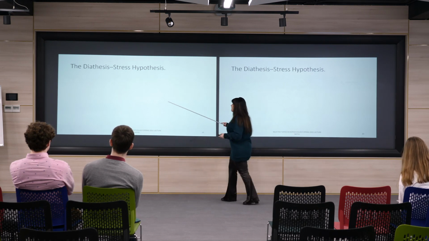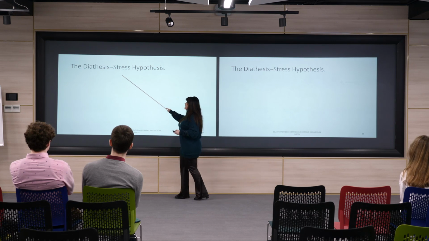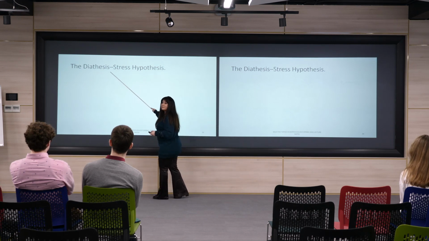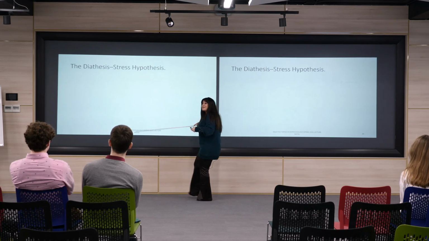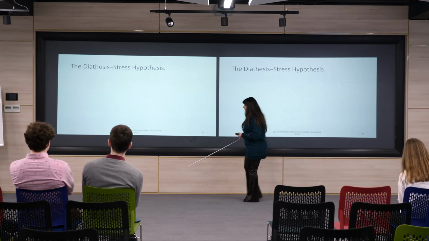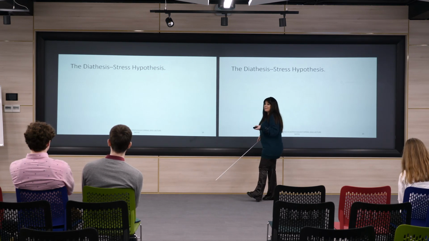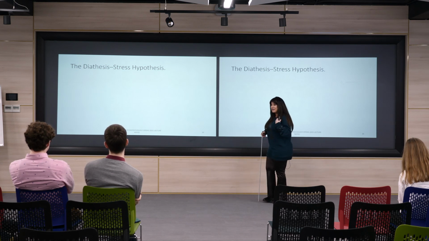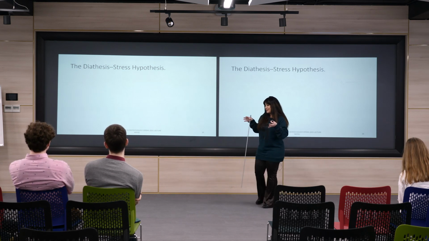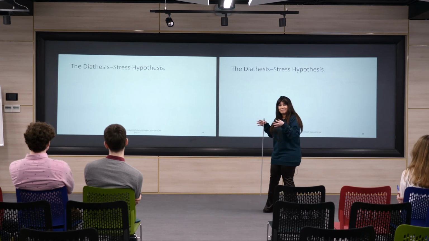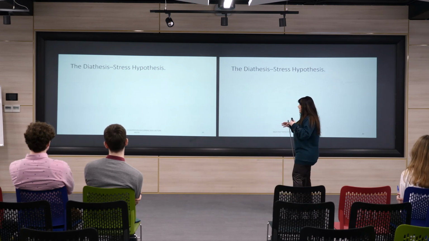And the other theory is the diathesis-stress hypothesis. Diathesis is vulnerability. This is a general idea I have always mentioned in my classes: you have a genetic variation, or a combination of genetic variations, that makes you vulnerable to adverse environmental effects, that is, stress during development.